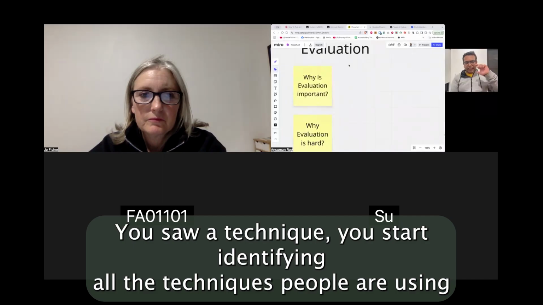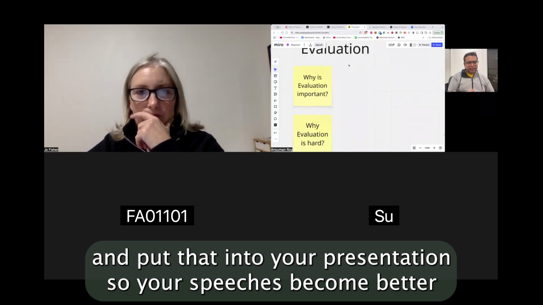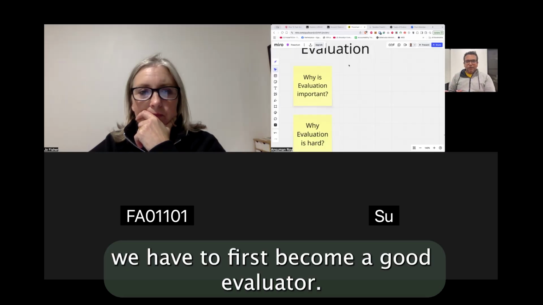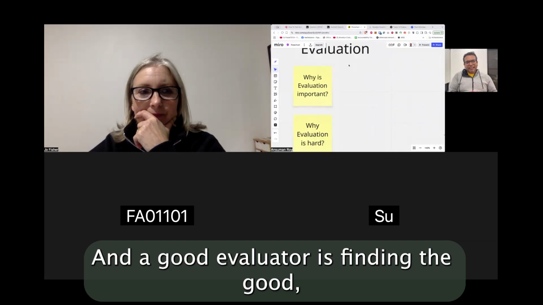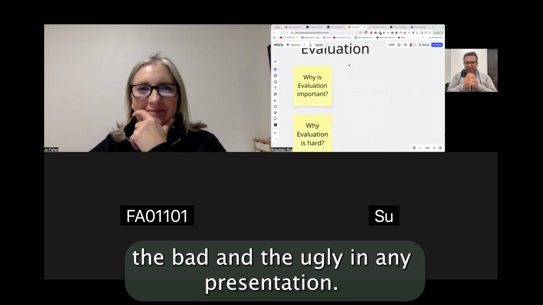You see a technique, you start identifying all the techniques people are using and put that into your presentation, so your speeches become better. To become a good speaker, we have to first become a good evaluator. And a good evaluator is finding the good, the bad, and the ugly in any presentation.